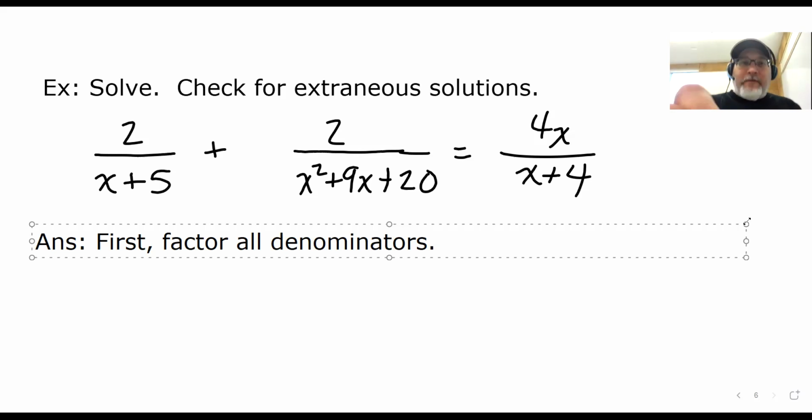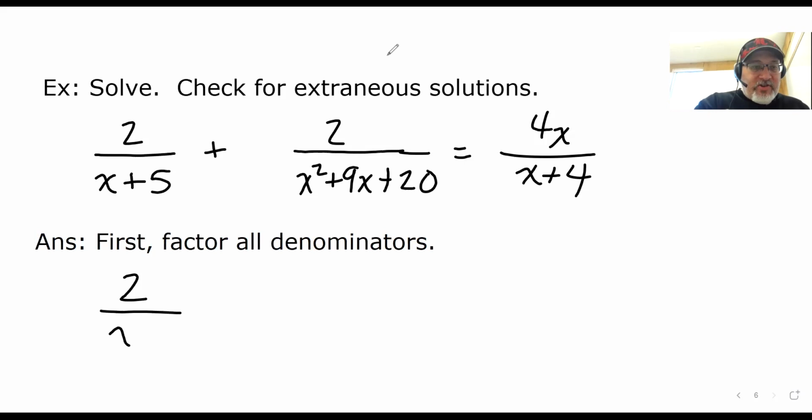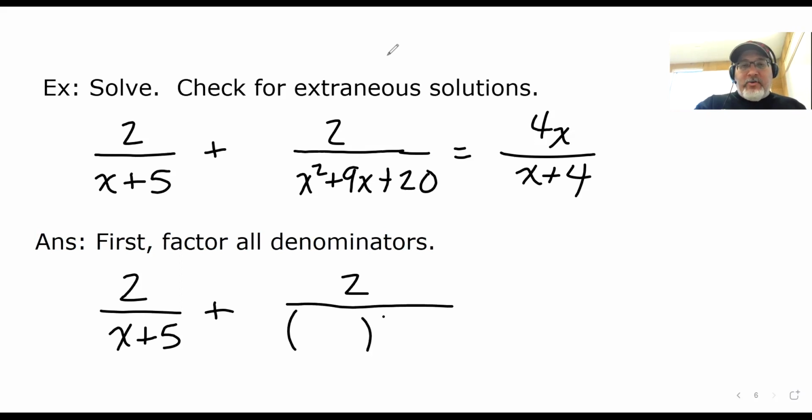All right, so we're going to factor the second denominator. The first fraction is going to stay the same, 2 over x plus 5. The second denominator will factor into x plus 5 times x plus 4. Again, if your factoring skills need brushing up, I implore you to go watch the factoring review videos from an earlier homework assignment.